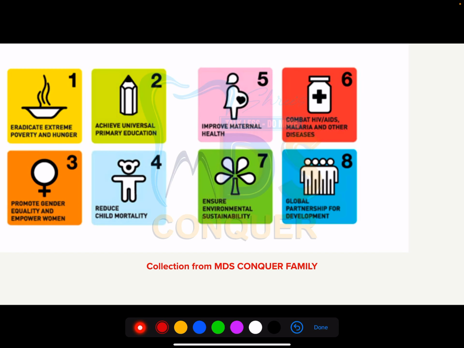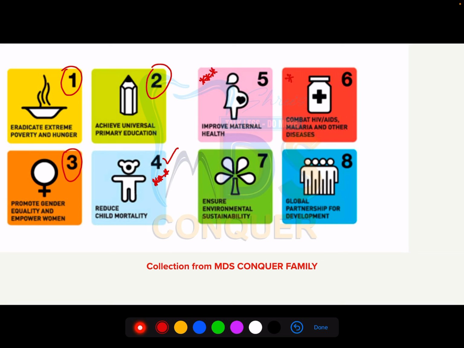Goal number one is eradication of extreme poverty and hunger, so it is related to food. Goal two is primary education, and goal three is gender equality and women empowerment. Goal four is very important and health related, that is reducing the child mortality rate. Goal five, again health related, is improving maternal health.